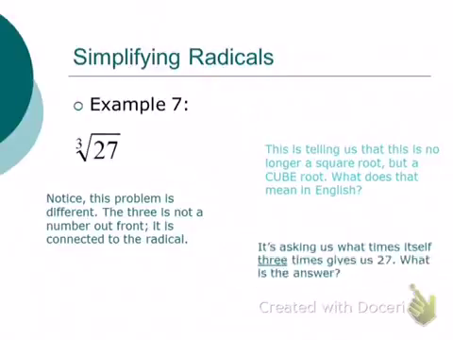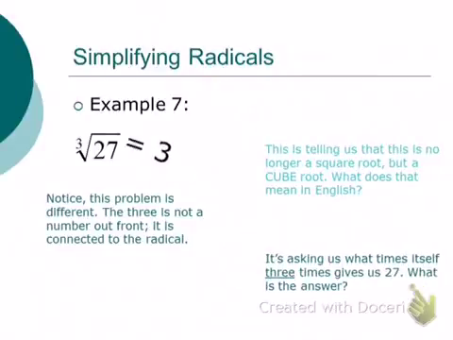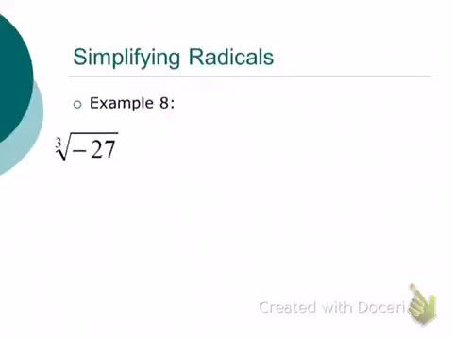They're asking us what number can you multiply times itself 3 times to get 27, and that would be 3 times 3 times 3 times 3. And the cube root of negative 27. It's negative 3, right? Now this is one difference between odd index roots and square roots, even roots. You can't take the even root of a negative number. It's impossible to multiply an even number of negatives and get a negative. You just can't do it.